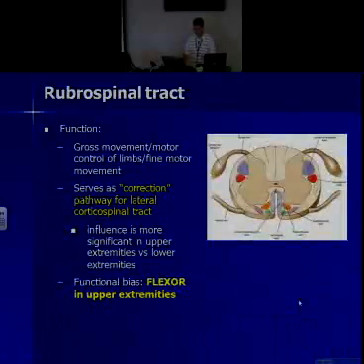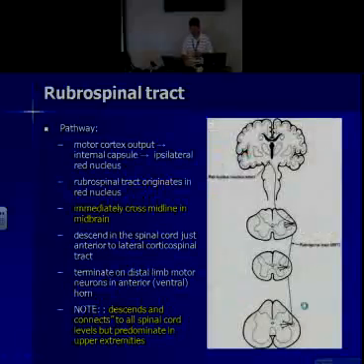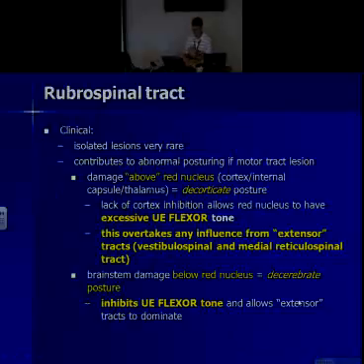The real question would be what the impact is on flexor tone, if you will. So theoretically, as we said, if there's damage above that red nucleus, the tract is always promoting flexor tone. Everything above it is acting as an inhibitor.